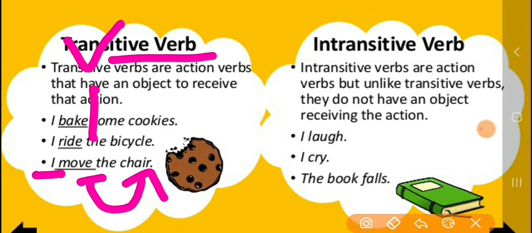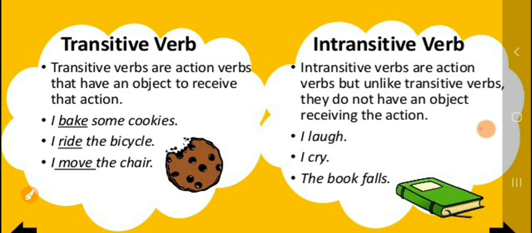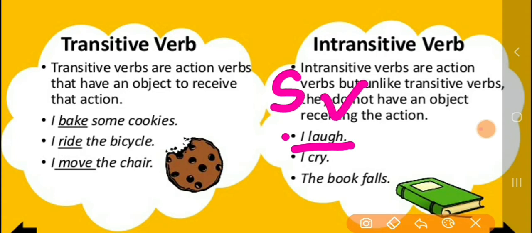Now let us have a look at intransitive verbs. Intransitive verbs are action verbs, but unlike transitive verbs, they do not have an object receiving the action. For example, I laugh. I is the subject, laugh is the verb, but there is no object.